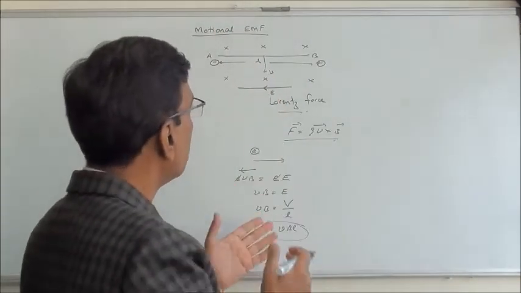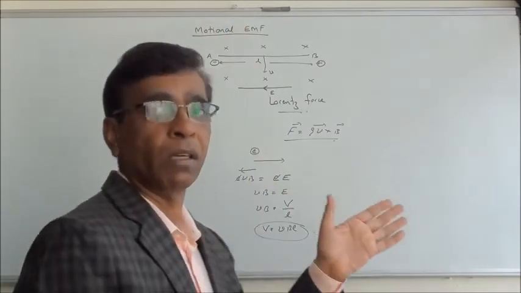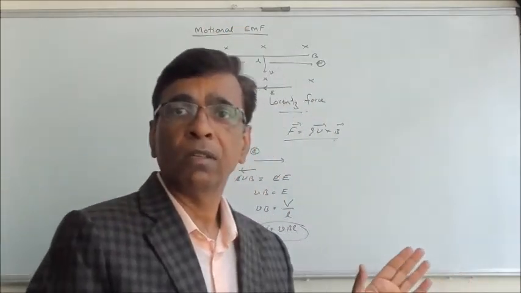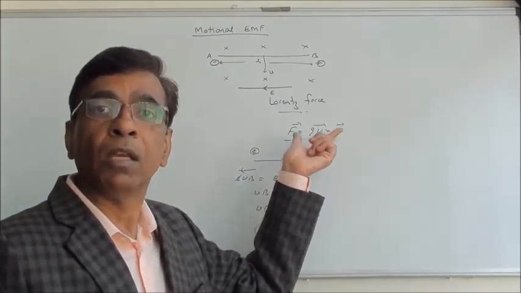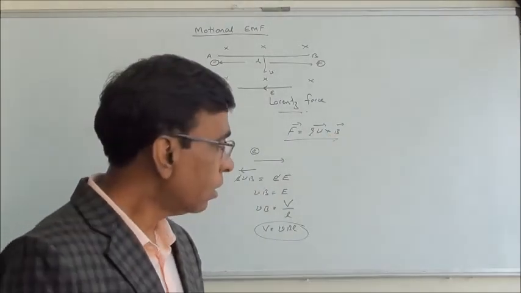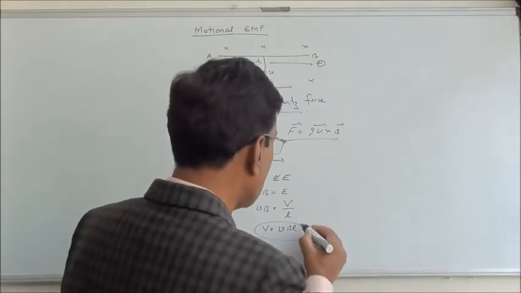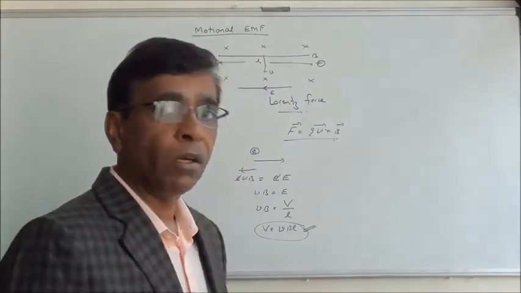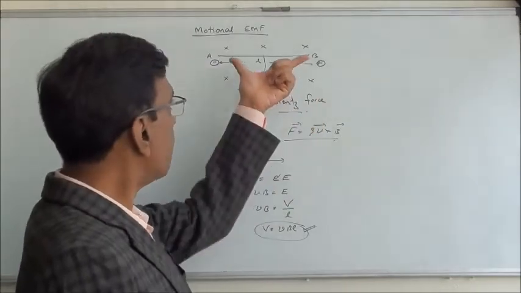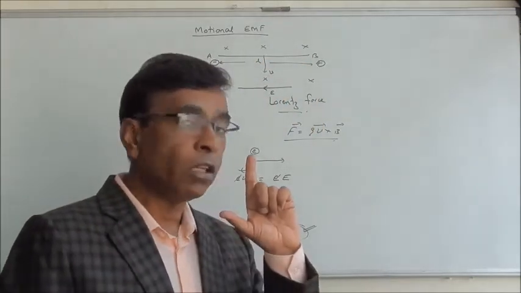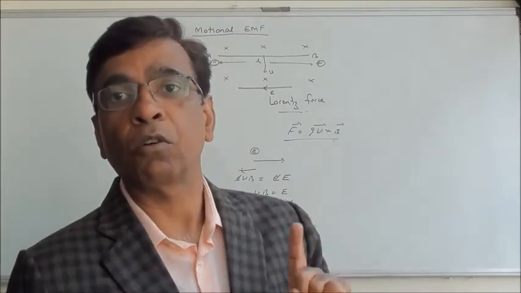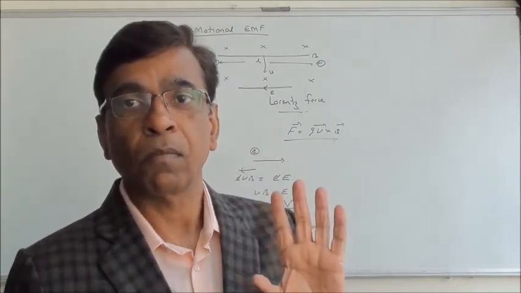In whatever direction it is moving, upward, downward, right, left, you can apply this rule to find out in which direction electrons will collect. So this is the induced EMF between the two ends A and B, the cause of which is the force on the moving electrons in the magnetic field.